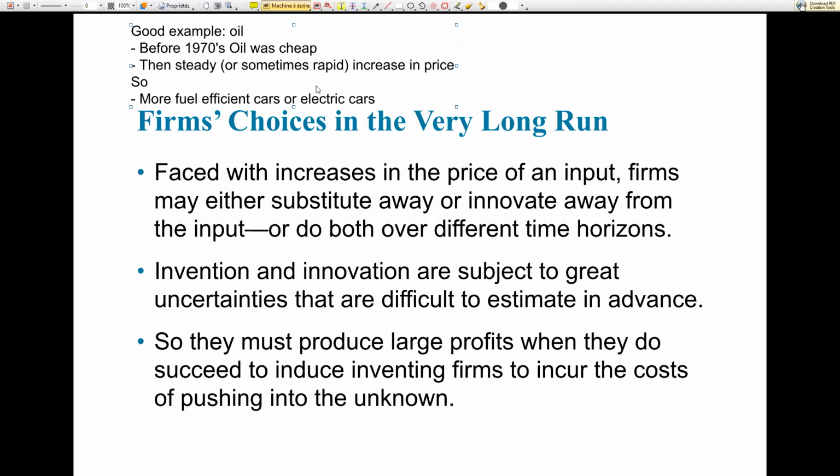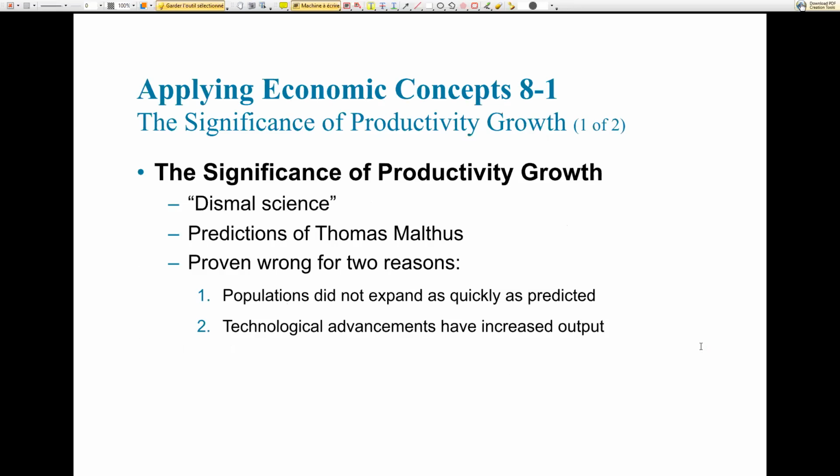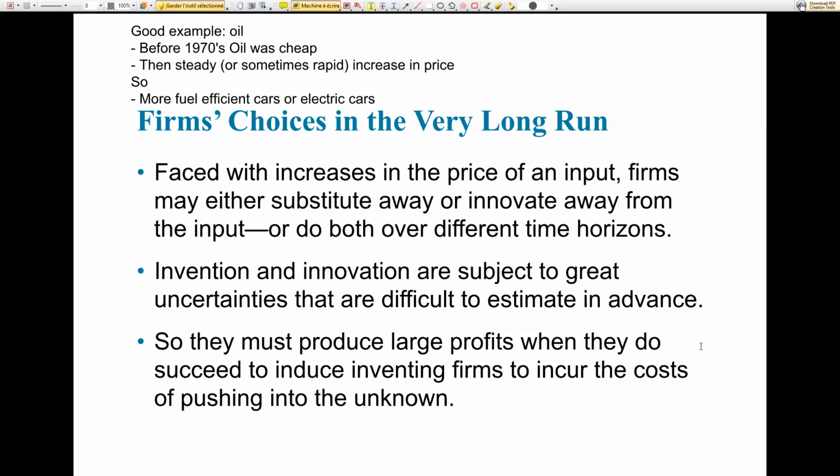Then it becomes so expensive to put gas that consumers say, it makes sense over time: maybe my electric car costs me a bit more now, but at least it costs less in the long term. Just a few slides left.